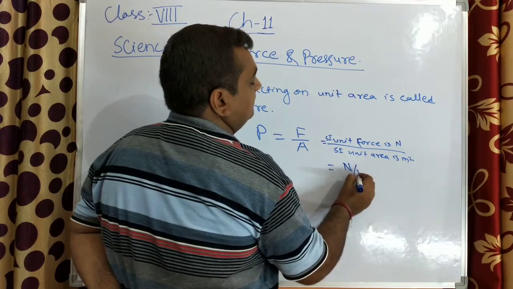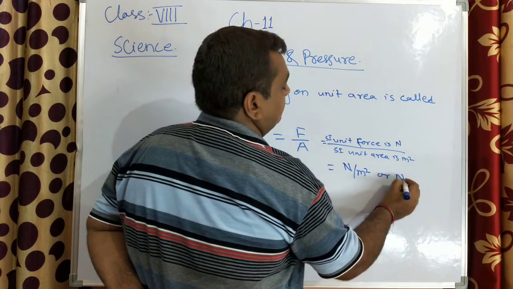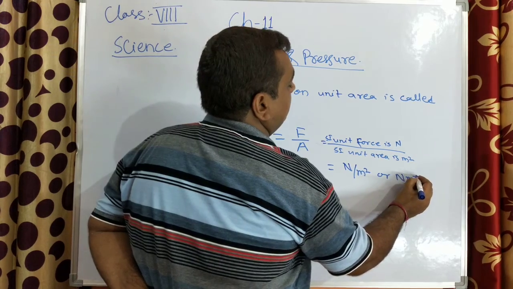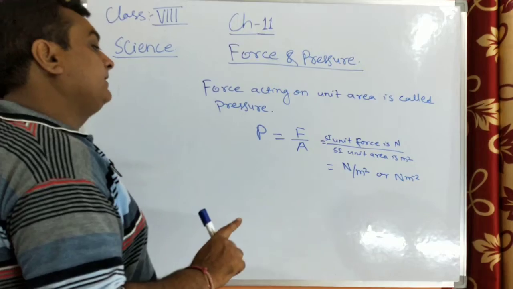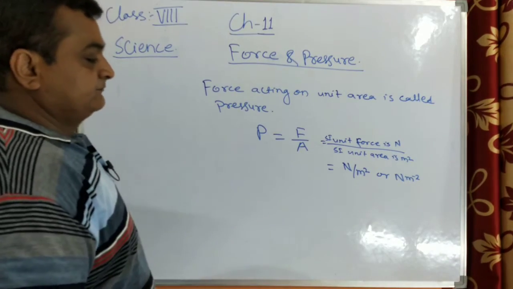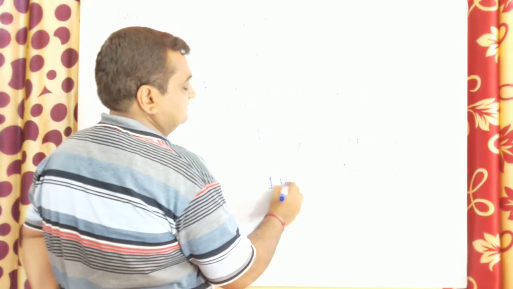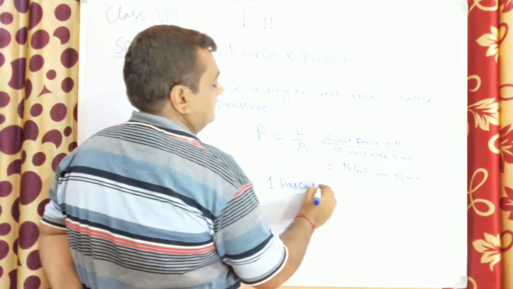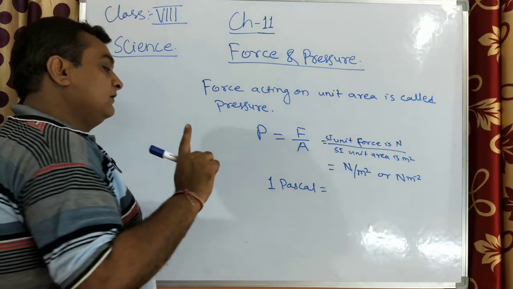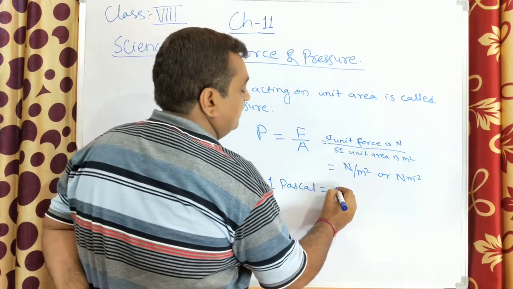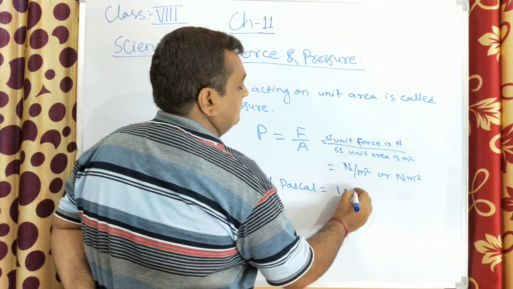So 1 Pascal is the pressure exerted by a force of 1 Newton acting over 1 meter square area. So we can write 1 Pascal is the force of 1 Newton acting over 1 meter square area.